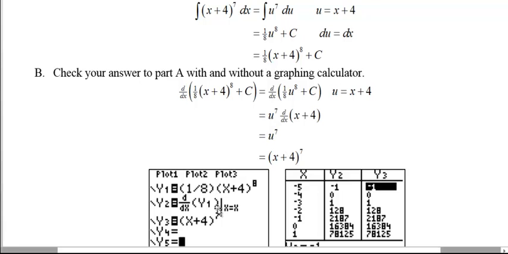You can see a previous video for more detail about that. But either way, it's math 8 on the TI-84 or 83 or even TI-82 calculator. And y3 is the original integrand, the (x plus 4) to the 7th. We check to see that the tables for y2 and y3 match, and of course they do.